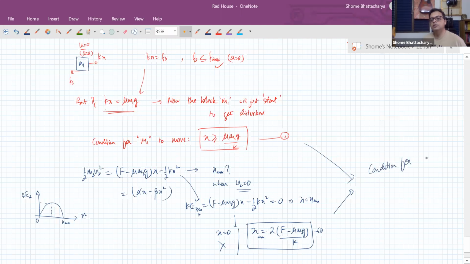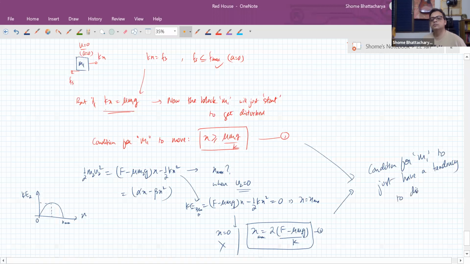So combining this and this, the condition for M1 to just have a tendency to displace, a limiting condition, is that x maximum should become equal to mu M1g divided by k.